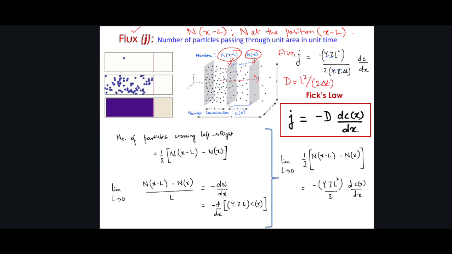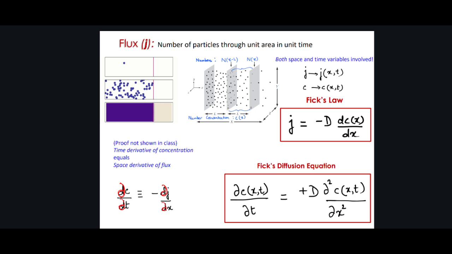Okay. So this is a very useful equation. And this is known as Fick's law. The other thing is how this, again, we are not going to show. I'm going to skip the proof, but it can be shown that the time derivative of concentration equals the space derivative of flux.